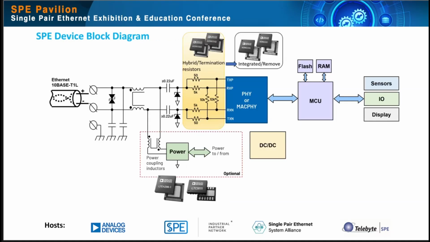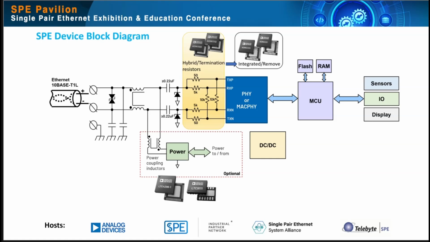So if we look at the typical device block diagram, we've now moved from the system level down to the block diagram of the device itself. We can see a very busy front end here with a number of different passive components. While it may look scary, they're very simple in what they're for. They all serve a purpose here.